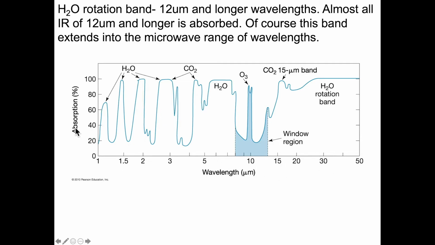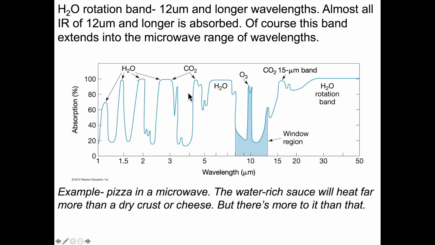Now, how does this affect the absorption of radiation? Here we see the water rotation band, 12 microns and longer wavelengths. Almost all of the infrared radiation of 12 microns and longer is absorbed. So this band extends in the microwave range of wavelengths, which is why microwave ovens work, why they heat our food up.